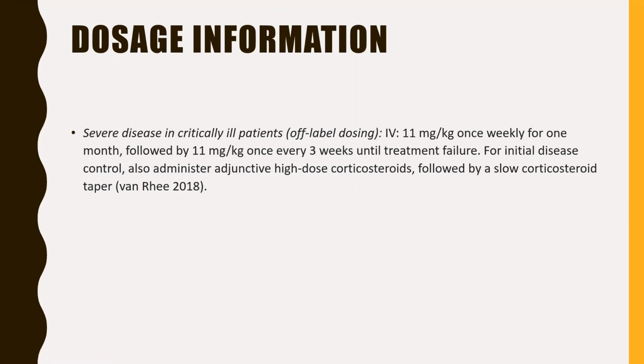We also have here severe disease in critically ill patients: 11 milligrams per kilogram once weekly for 1 month, followed by 11 milligrams per kilogram once every 3 weeks until treatment failure. For initial disease control, also administer adjunctive high-dose corticosteroids followed by a slow corticosteroid taper.